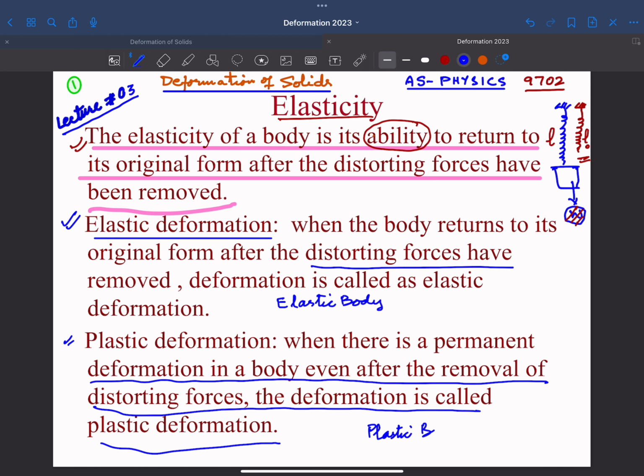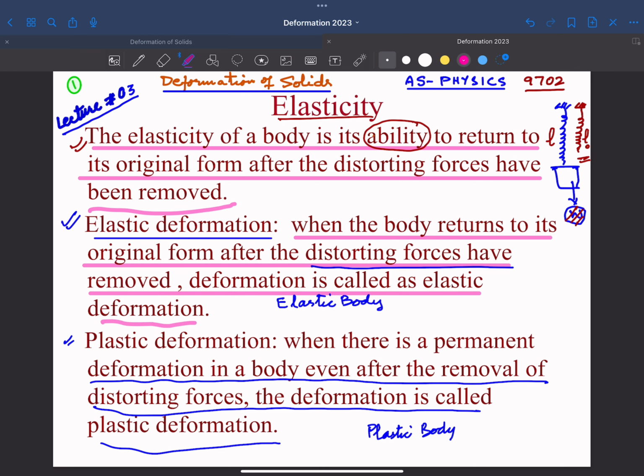Is it clear? When the body returns to its original shape or form after the distorting forces have been removed, the deformation is called elastic deformation, and the body is an elastic body.